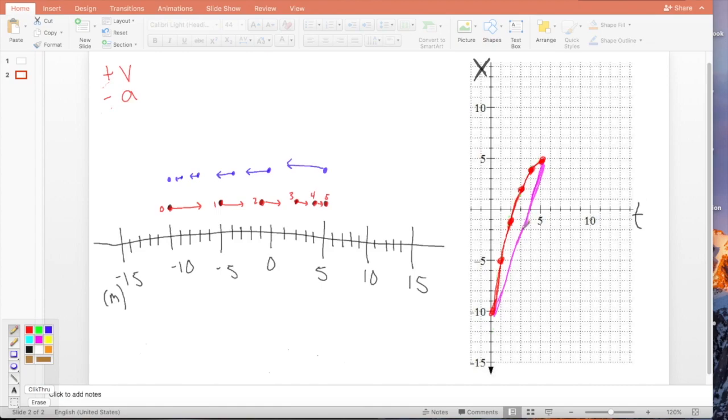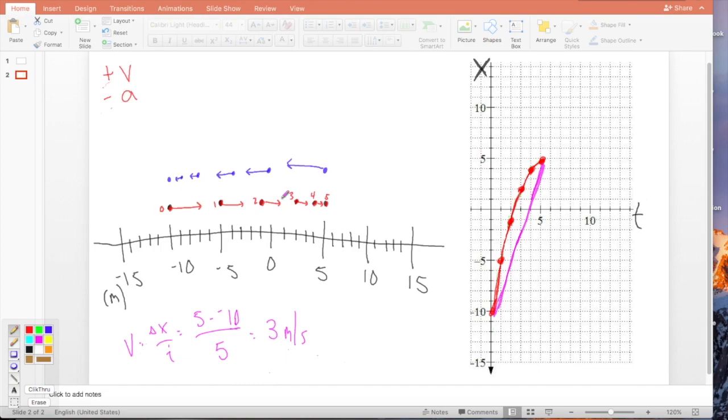It's supposed to be straight, linear. How do I find the velocity of a straight line on a position time graph? It's delta x over t. What's the overall change in position? Final position was 5, initial position was negative 10. Final minus initial over, how long did that take? It took 5 seconds. That's going to be an average velocity of 3 meters per second.